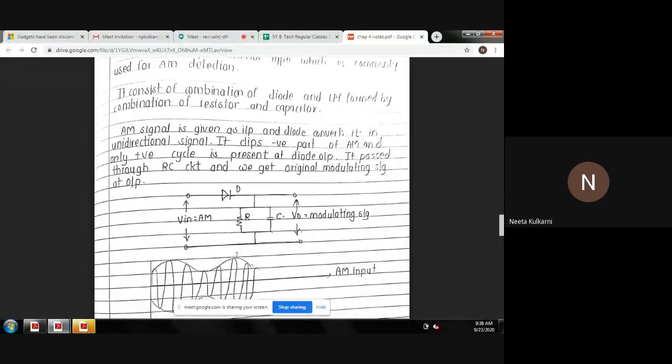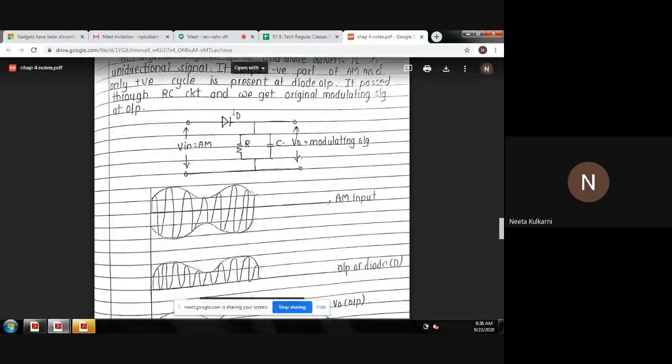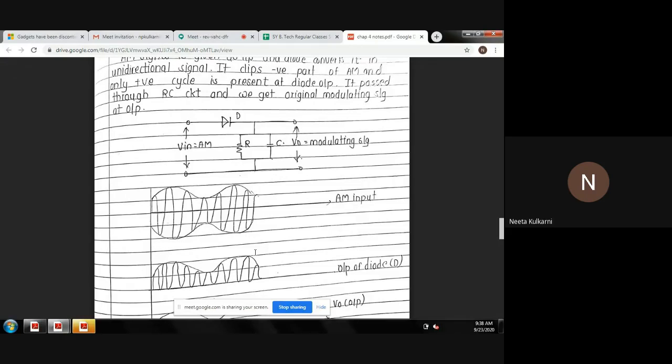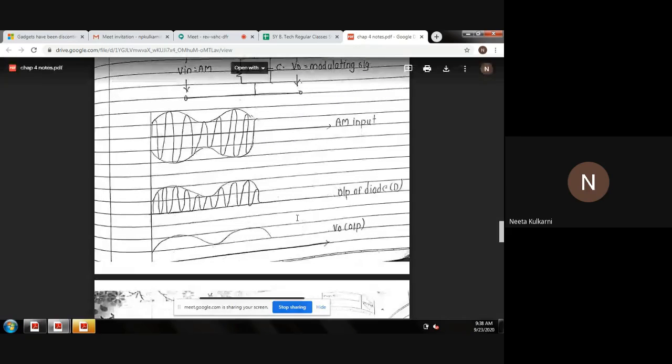That's why whenever this AM it is having the positive half cycle, diode will become forward bias and it will come as it is at the output. And when the AM it is having negative half cycle, this diode it is reverse bias. That's why it will act as a open circuit and we will get 0 at the output.